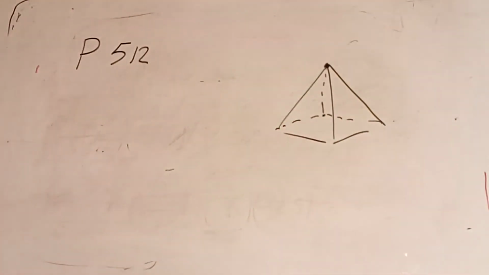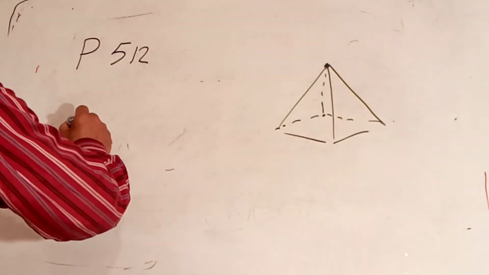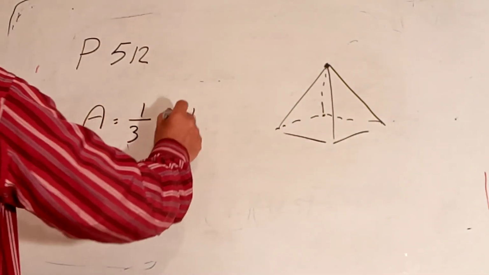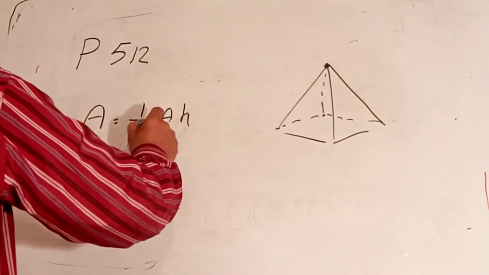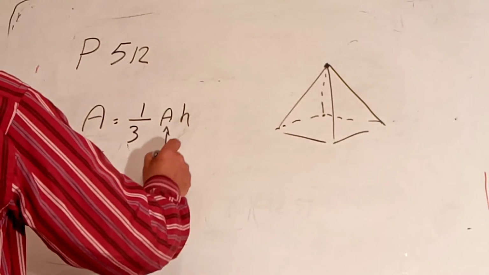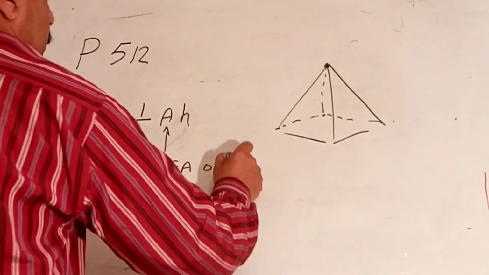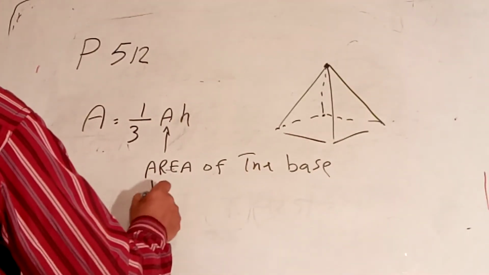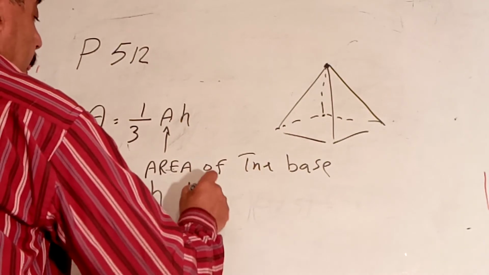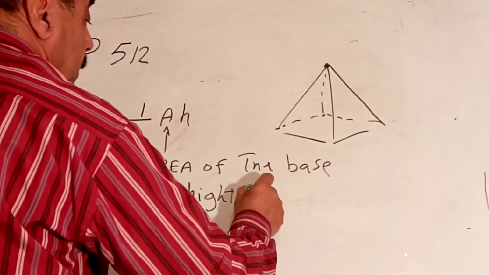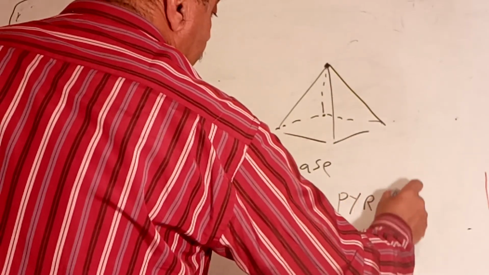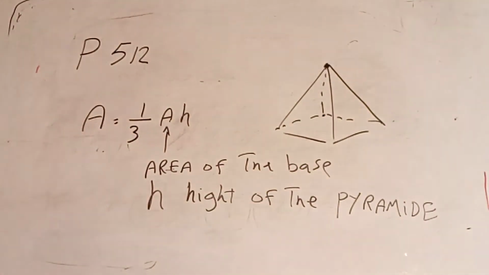The volume of the pyramid is equal to a third AH, where A is the area of the base and H is the height of the pyramid.